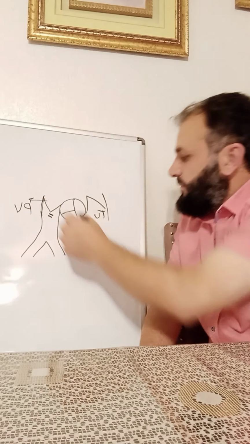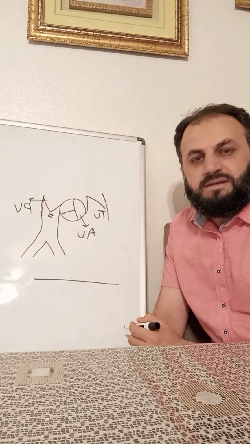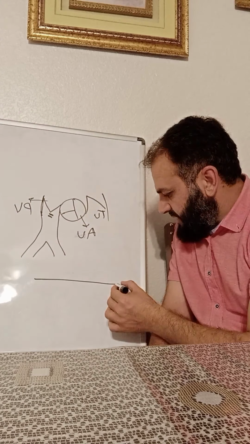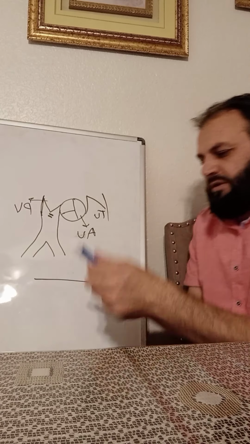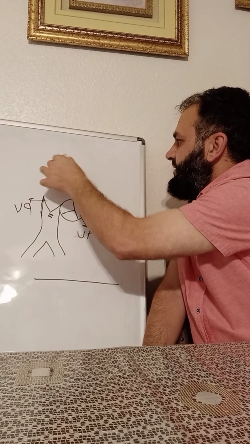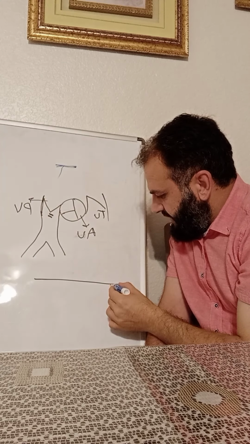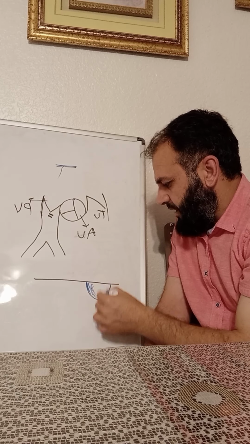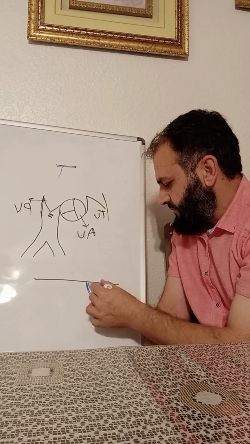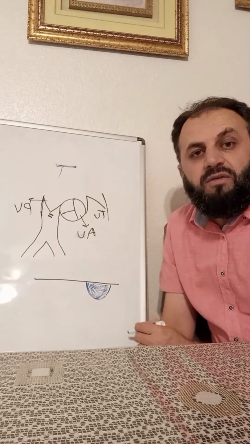For example, if this is the baseline, then normally, as all of you know, the flow here is going below the baseline. This will be the normal flow on the valve, going away from the transducer.